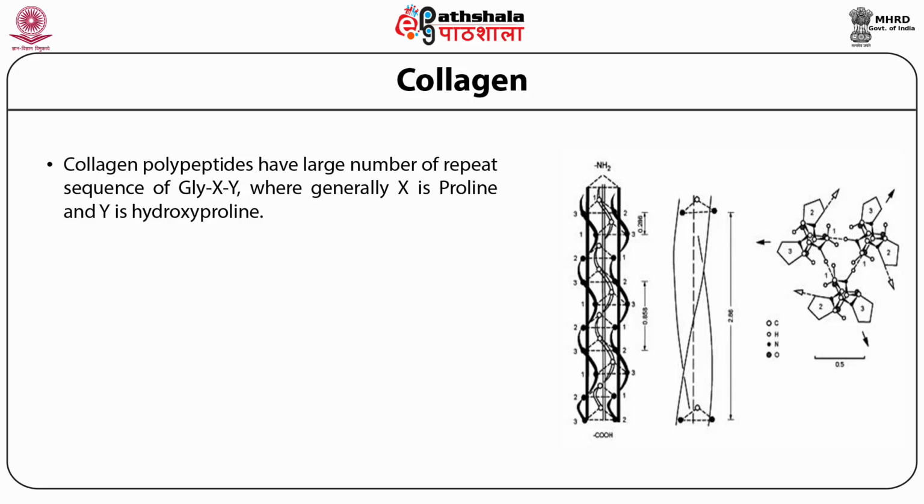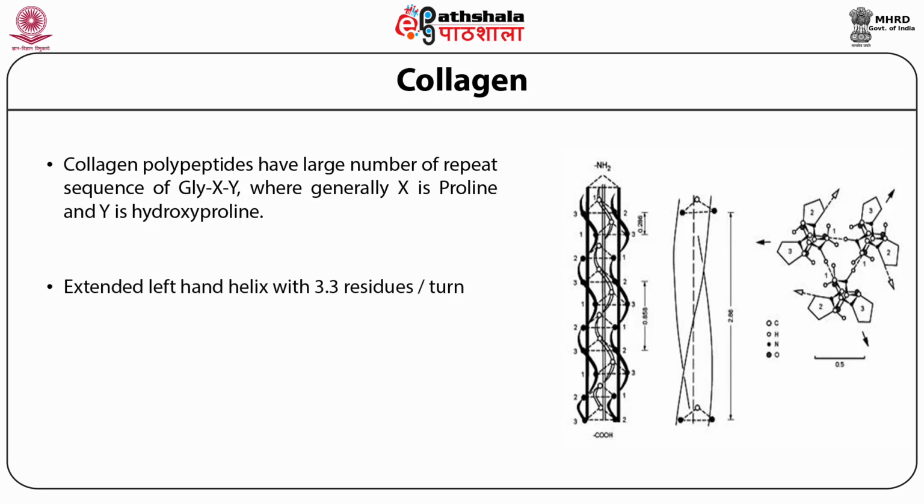As I described before, the pattern of amino acids is glycine, X, Y. One-third of the total amino acids in collagen is glycine, and X and Y residues are generally proline and hydroxyproline, which together are another 33%, or one-third, of residues. But X and Y are not always proline and hydroxyproline; the other one-third is different amino acids.